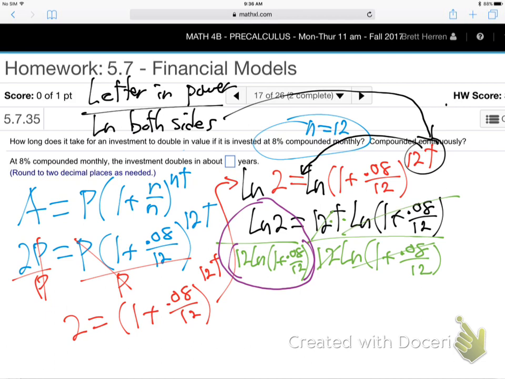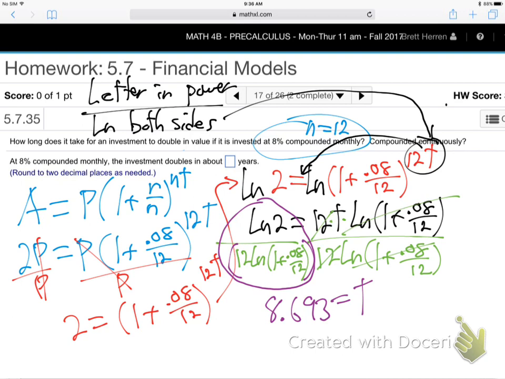So let's do that. ln2. Oops. I'm getting, remember we thought the answer would be about 9, right? 8.693 years.